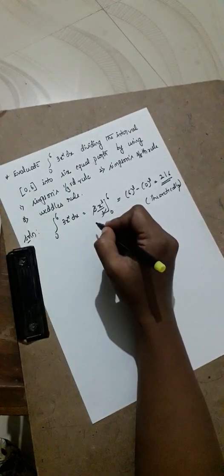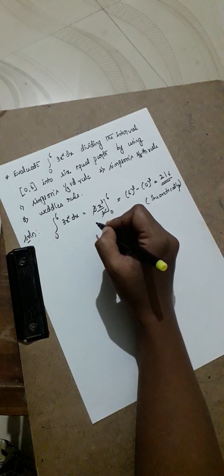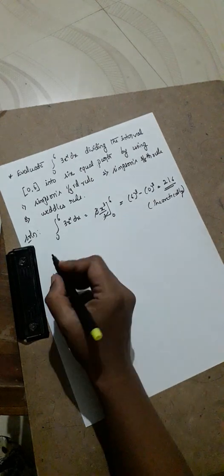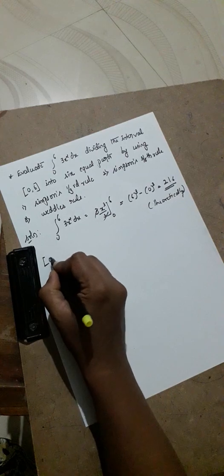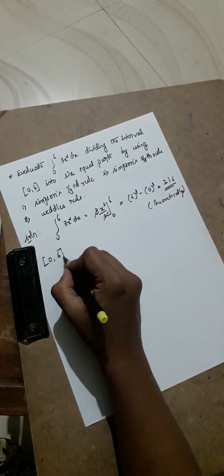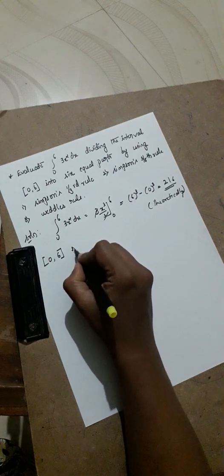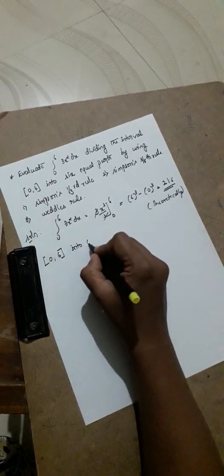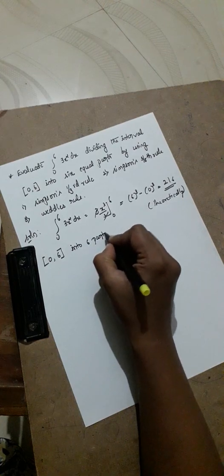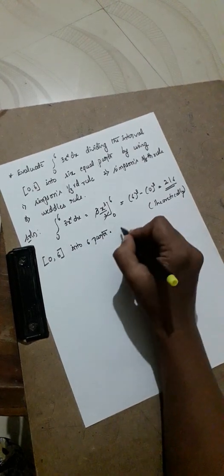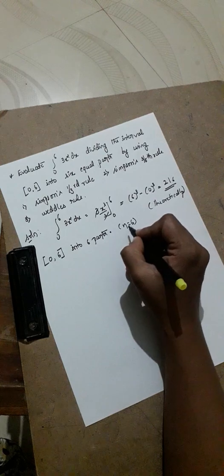Now let us work with the problem by the numerical method, applying the various rules, that is Simpson's 1/3 rule, 3/8 rule and also Weddle's rule, without involving the actual integration. Now we divide the closed interval 0 to 6 into 6 parts, that is n is equal to 6.